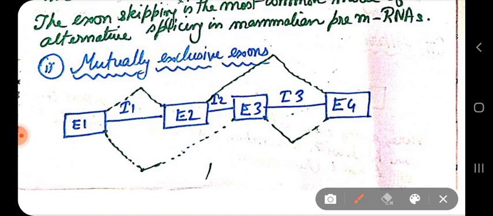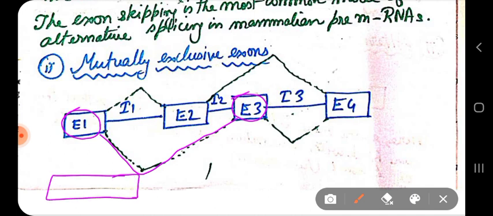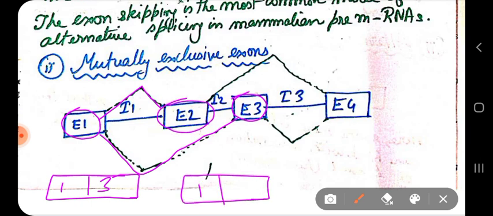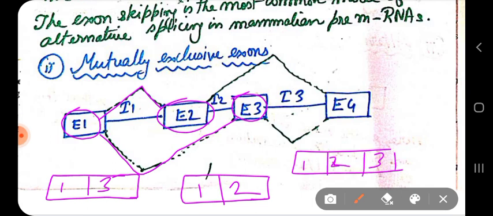Like in this figure you can see that exon number 1 can be retained with exon number 3 to make this product, exon number 1 and 3, or exon number 1 can be retained with exon number 2 to make exon number 1 and 2. But all three, exon number 1, 2, 3, will not remain after splicing.